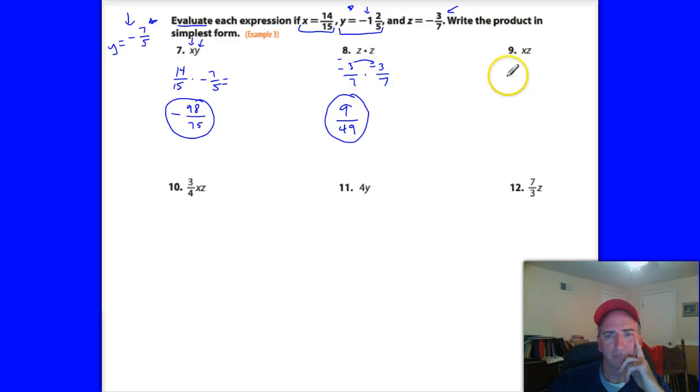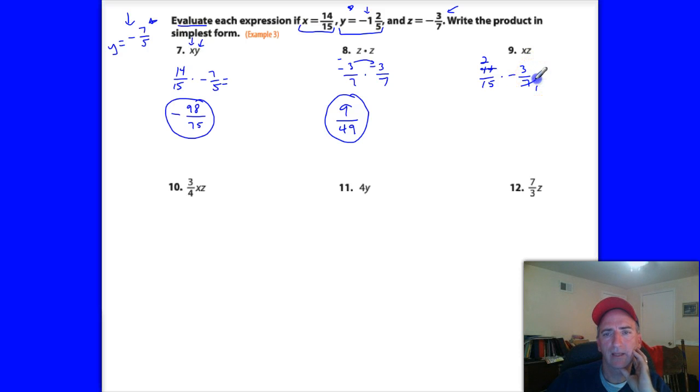How about number 9? X times z, 14 over 15 times z, which is negative 3/7. All right, let's see if we have common factors here. Oh, I see several. You see the 7 and the 14? 7 goes into 7 once, and 7 goes into 14 twice.